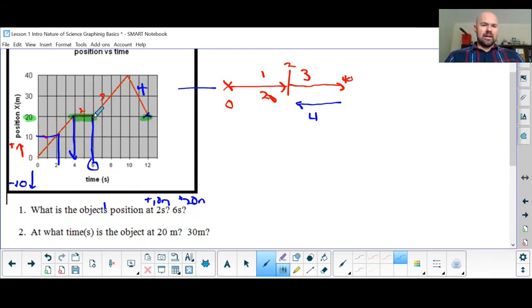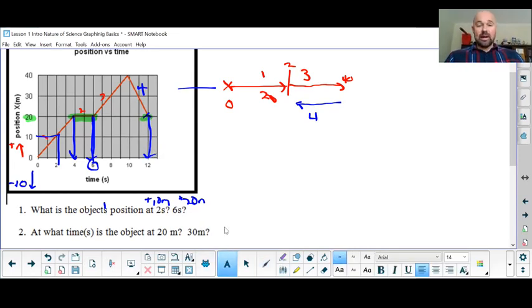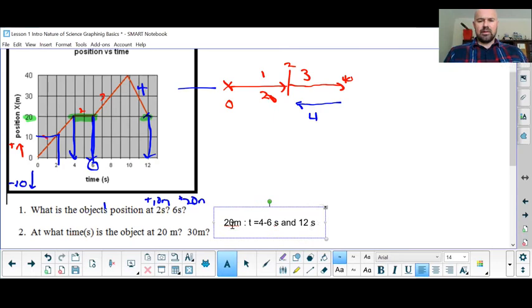So it looks like there's that period of time where I'm stopped at 20 and this one instant of time when it is also at 20 at the end. So for 20 meters, I would say that's equal to times from 4 to 6 seconds and 12 seconds. So those would be the answers for 20 meters.